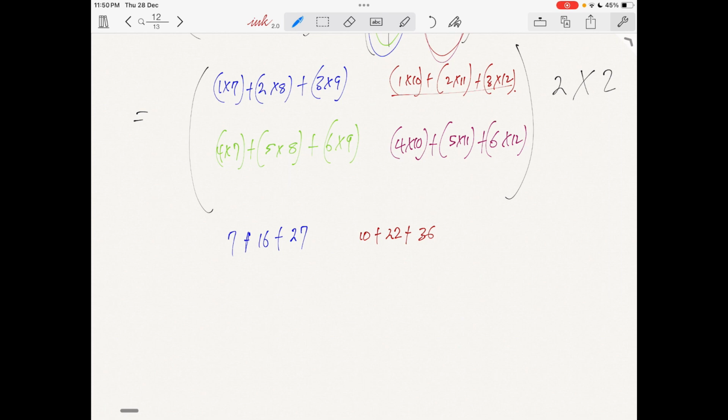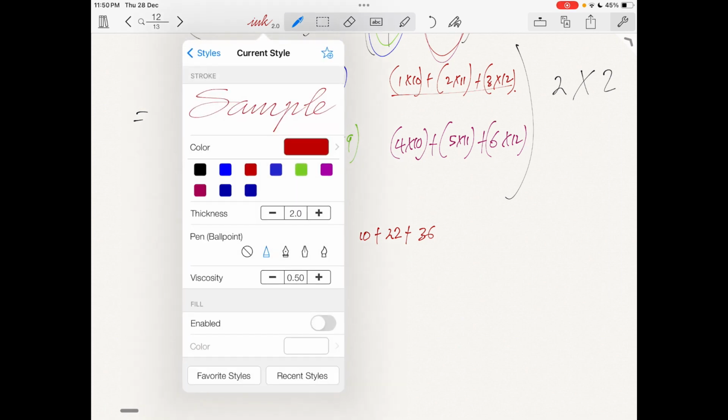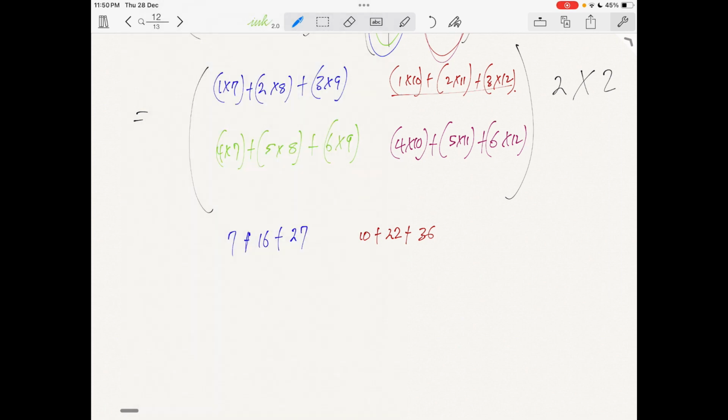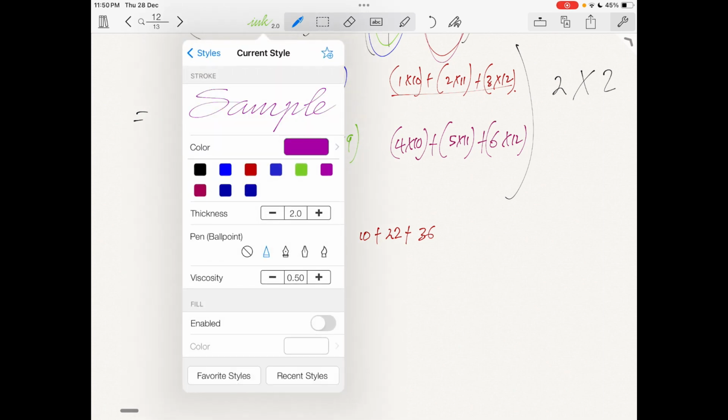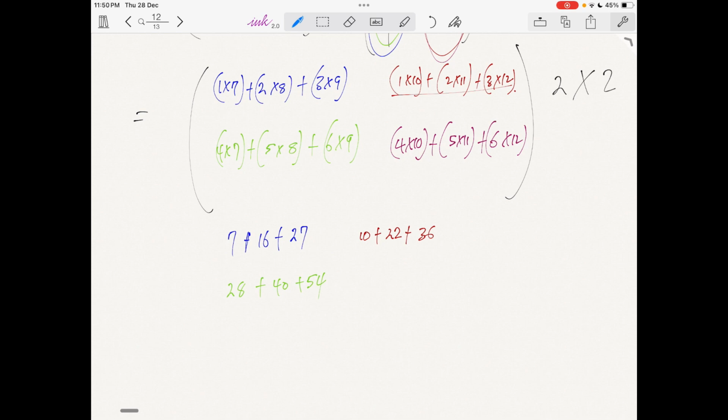Now we have 4 times 7 to be 28, 5 times 8 to be 40, 6 times 9 to be 54, and 4 times 10 to be 40, 5 times 11 to be 55, 6 times 12 to be 72.